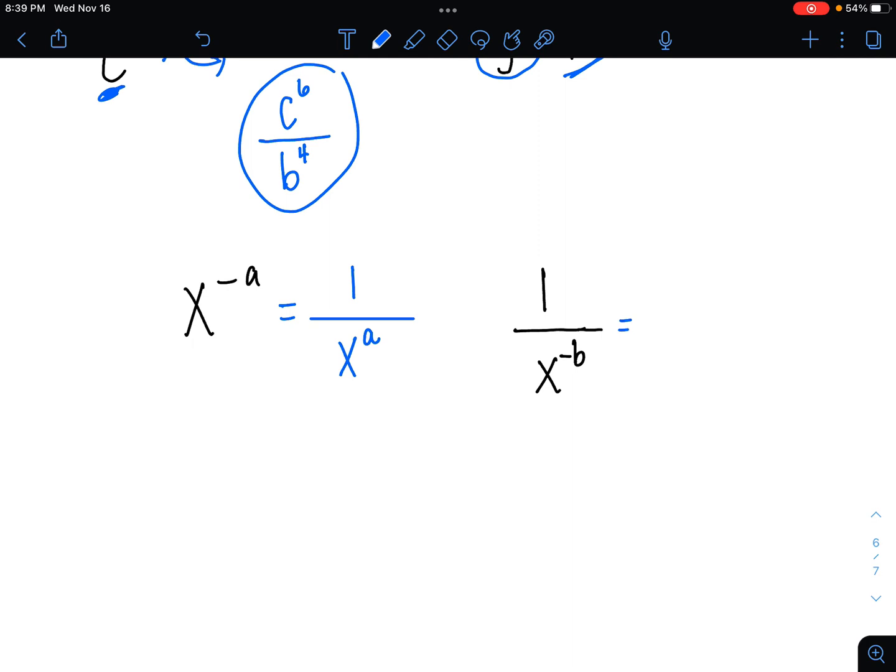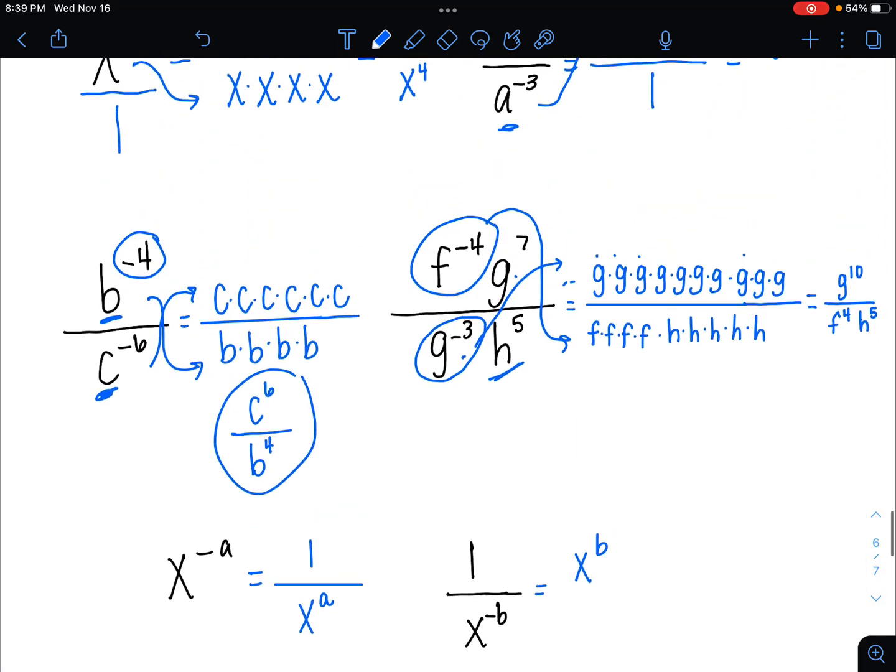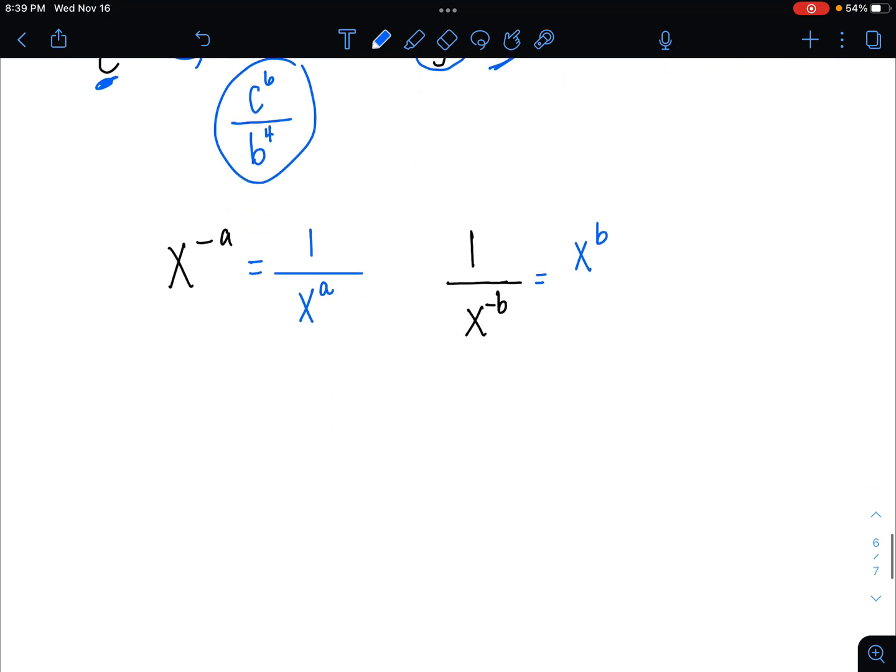And the same thing is true over here. If we have 1 over x to the power of negative b, we're going to take that negative, flip it into the opposite part of our fraction, and we have x to the power of positive b. You could put it over 1, but again, you don't need to. So those are our exponent rules.